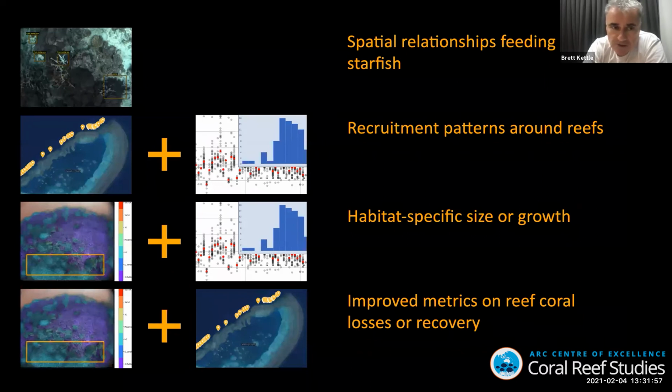Then we can start to pull together information across multiple frames, for example mapping as well as size distributions to work out recruitment patterns, looking at habitat types versus size, to look at habitat-specific growth rates or size distributions, and also taking the mapping outputs and the habitat outputs and starting to improve metrics on just how much of an impacted reef has been lost or is recovering.